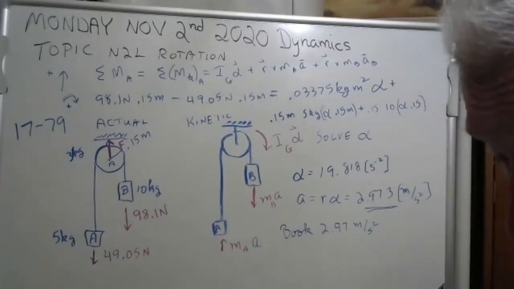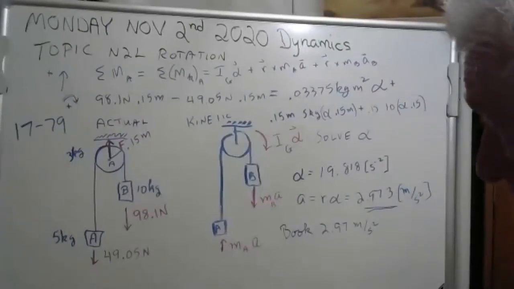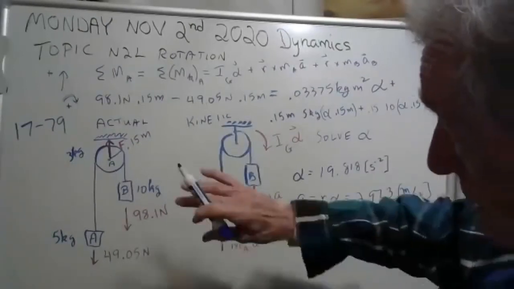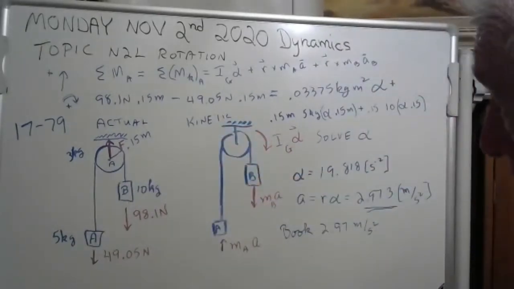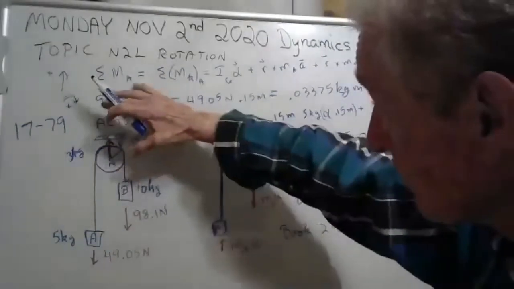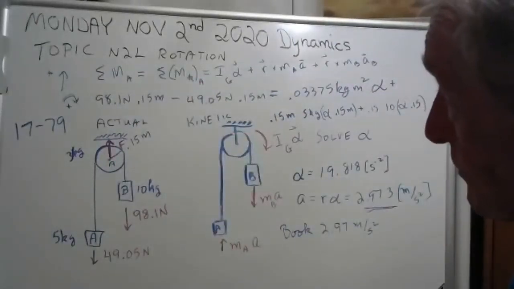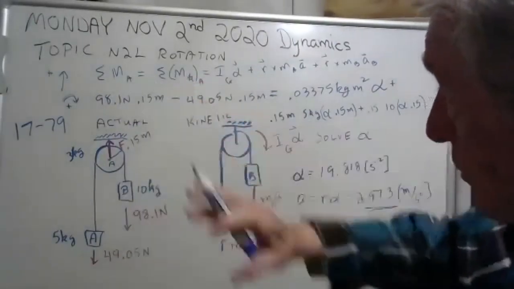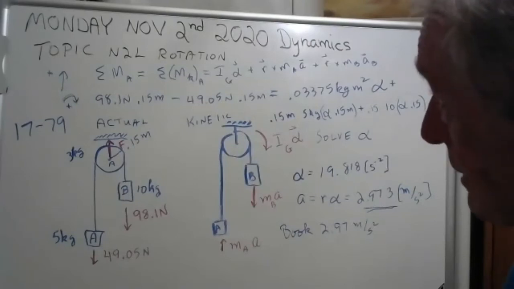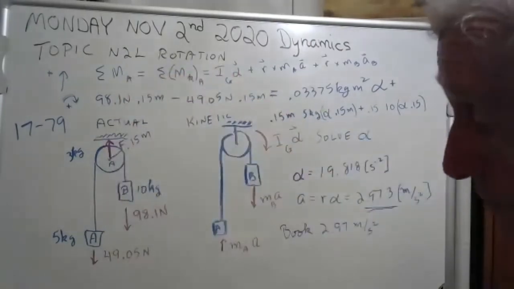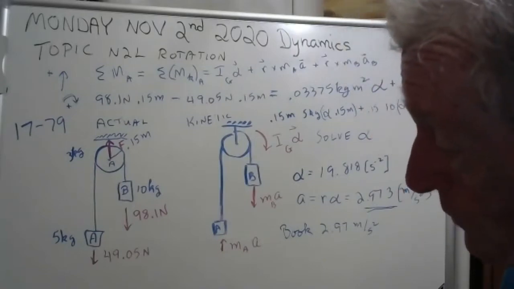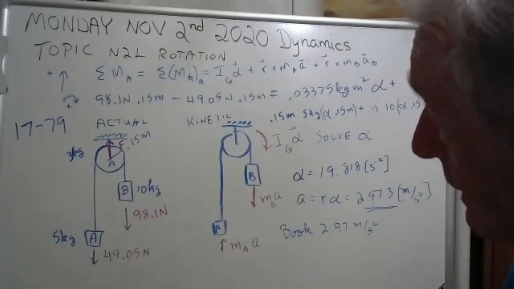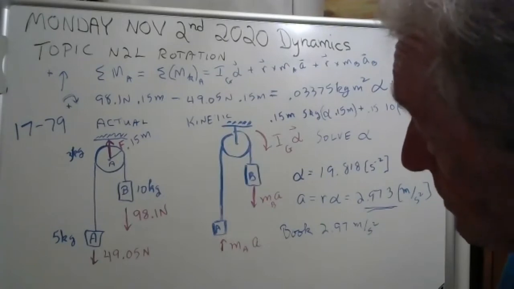We're going to do this problem a different way now. Do you realize what we did was we looked at the whole system and we wrote the sum of the moments on the whole system and the sum of the kinetic moments on the whole system. And before that, I had to erase it, but we wrote the forces on the whole system and the kinetic forces on the whole system.